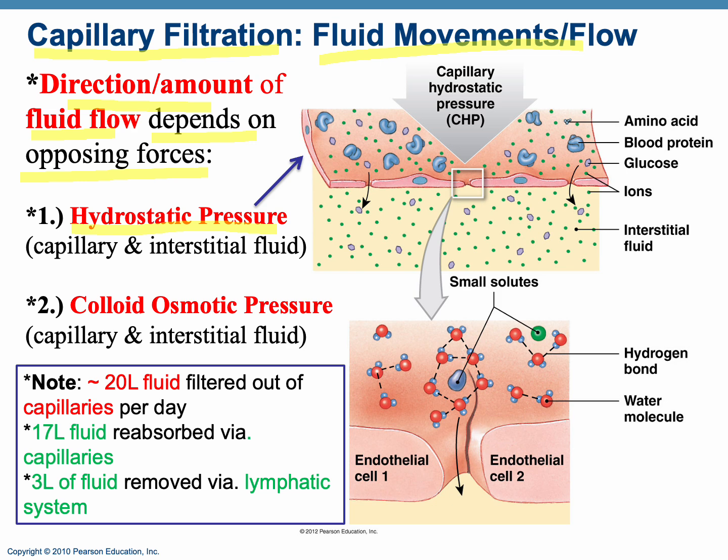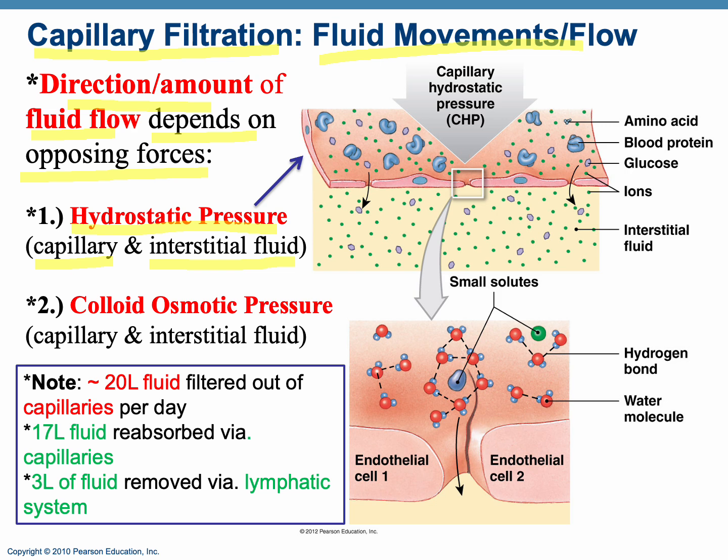This is the pressure that we can find internally in a capillary, and we can also find this hydrostatic pressure out in interstitial fluid. So interstitial fluid, all of this area over here, really the area found outside of a capillary, because right here would be the capillary itself.